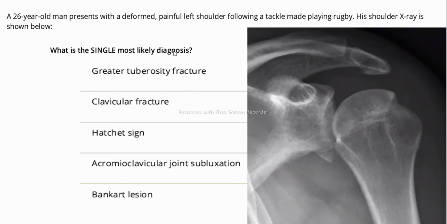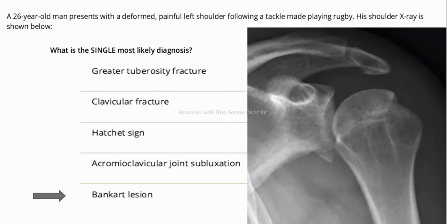What is the single most likely diagnosis here? A 26-year-old presents with a deformed, painful left shoulder following a tackle while playing rugby. Shoulder X-ray shown below. Here is a tuberosity fracture.